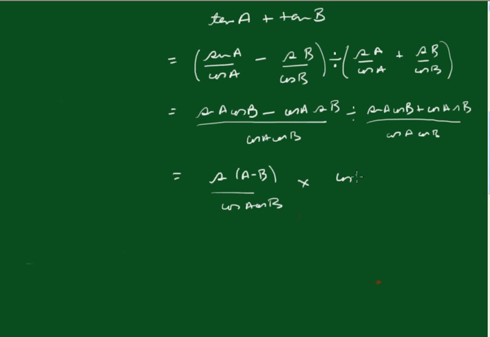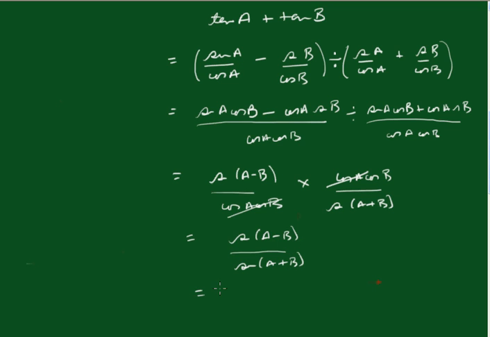It becomes the cos of A cos of B over the sine of A plus B. These go out and you get the result, the sine of A minus B over the sine of A plus B, which equals the right hand side.